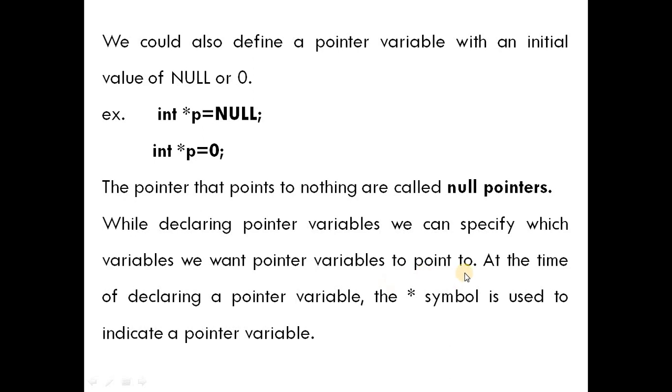So we first decide why we are going to use the pointer variables and to whom they are going to point. Similar to the initialization of other variables at the time of their declaration, we can also initialize pointer variables by assigning the addresses of other variables to them. At the time of declaring a pointer variable, the asterisk symbol is used to indicate a pointer variable. Okay, so with this point we finish with initialization.